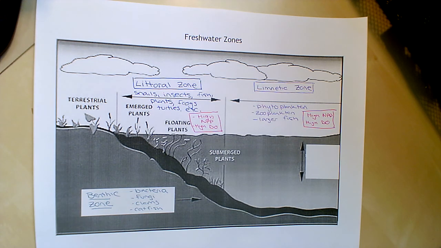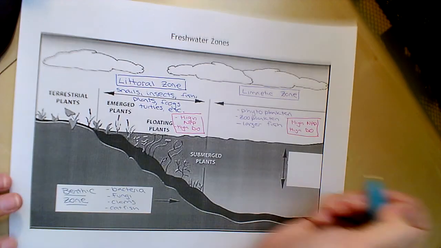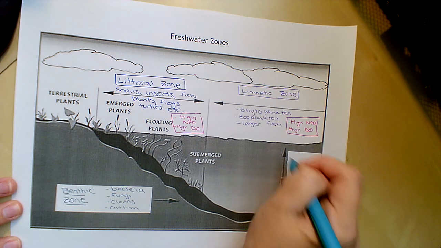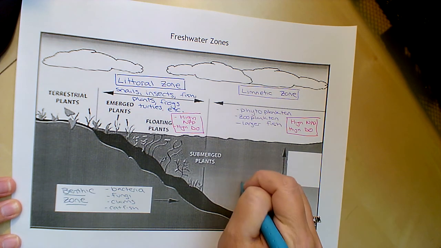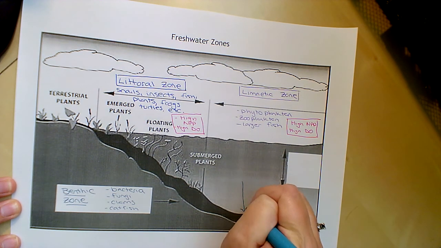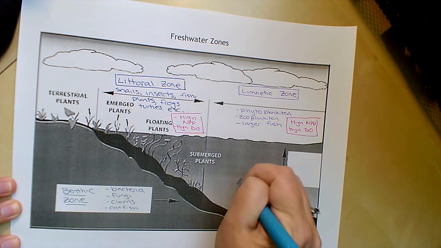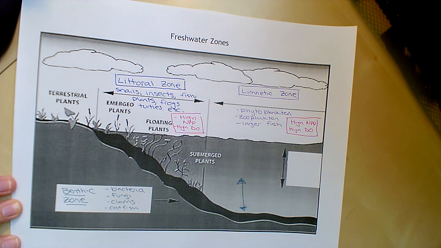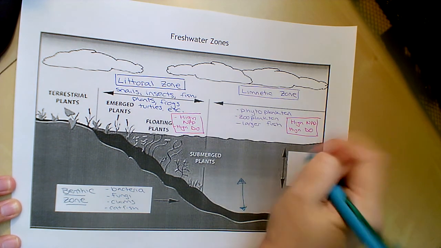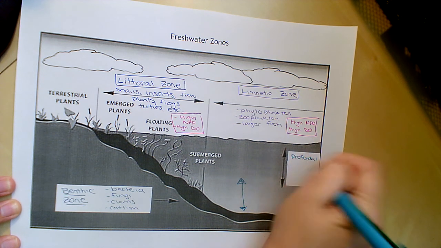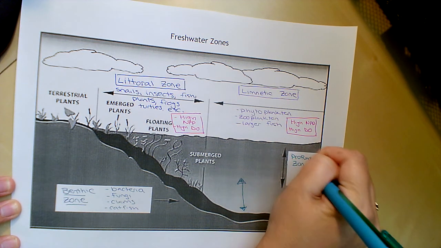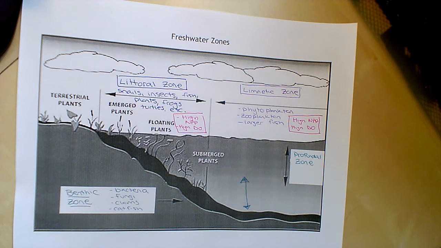The last zone I want to talk about is the profundal zone. So I don't really love how this arrow is drawn on our profundal zone, so I kind of want you to ignore that. The profundal zone is more this lightened area here. Okay. Profundal zone is down here.